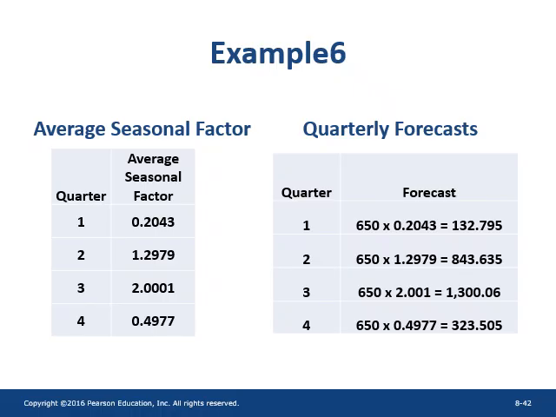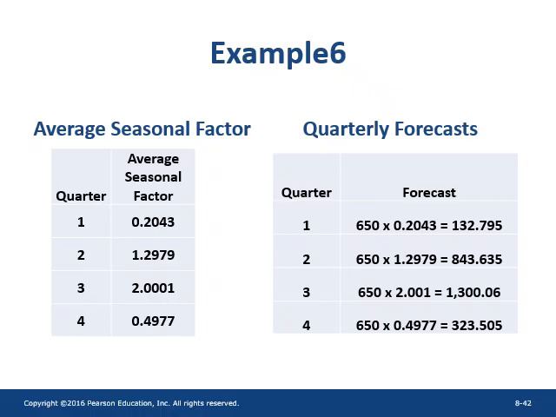So multiplying the 650 by 0.2043 would give us a forecast of 133 essentially units of demand in period 1. Do the same thing with the average seasonal factors and that expected quarterly average demand of 650, and we'll get the seasonalized forecasts for year 5.